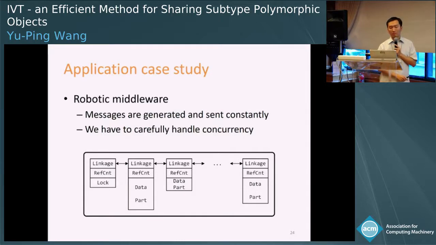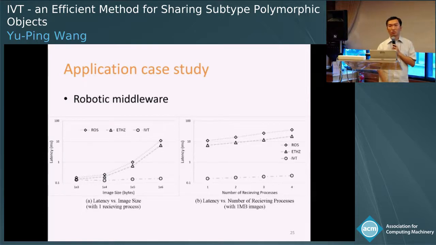And in this case, we compare our results with some popular frameworks. The ROS framework, which is the Robot Operating System, is commonly used by the robotic community. It's based on sockets, so its performance is like this. And the researchers from the Institute of Technology of Zurich improved the basic framework of ROS, and they used shared memory to improve the communication latency.